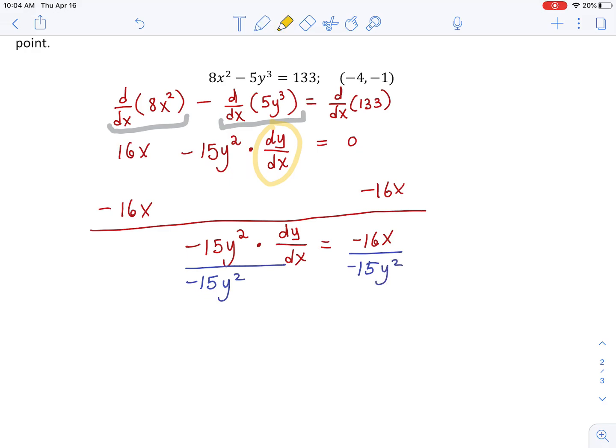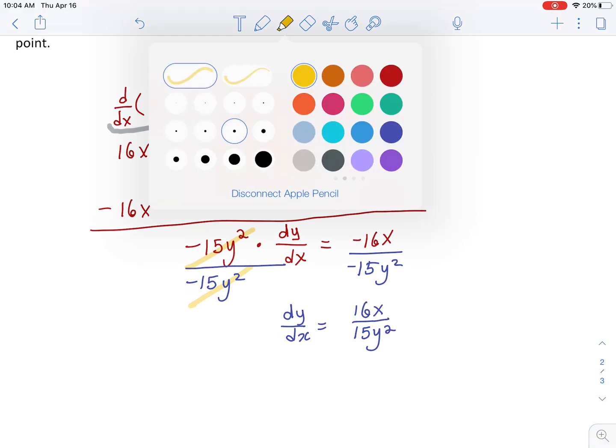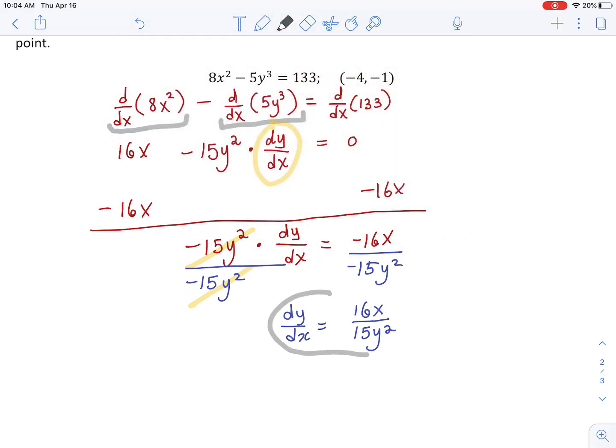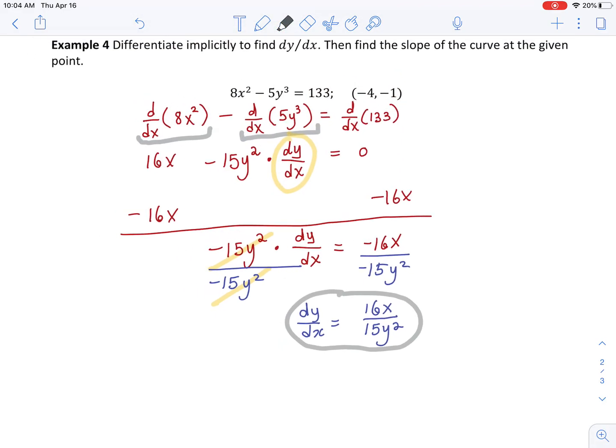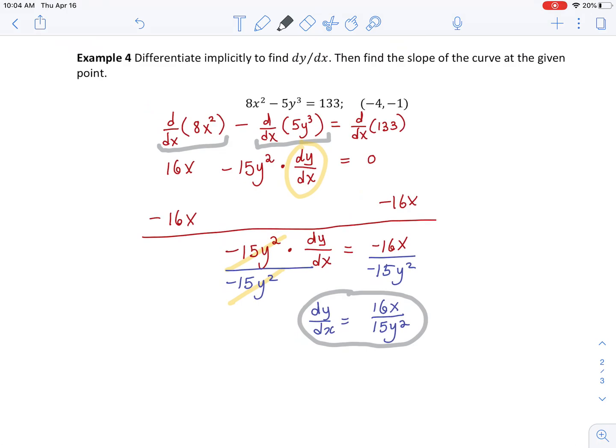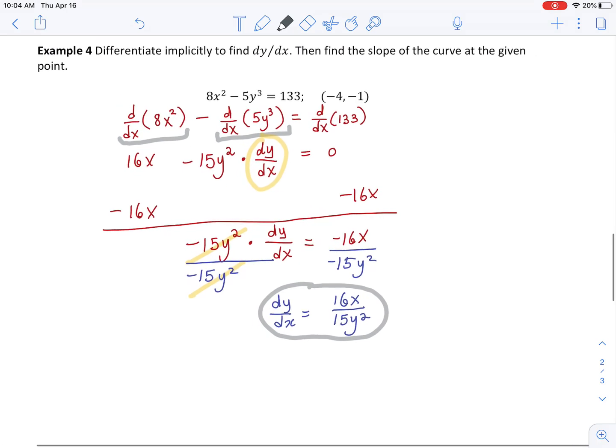Divide everything by negative 15y squared, right? Then we got it. Cancel, cancel. dy dx is, it's negative over negative, so let me write down positive 16x over positive 15y squared. Circle that answer because this is one thing they wanted you to find. They wanted you to find dy dx implicitly, and that's what we did first.